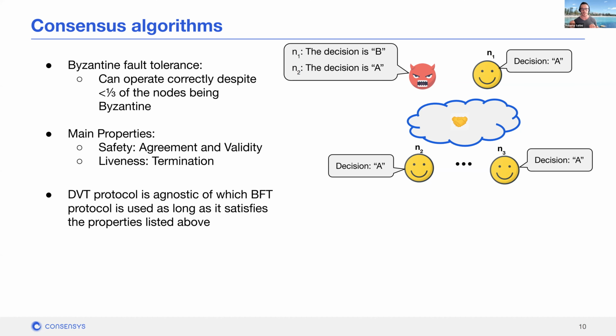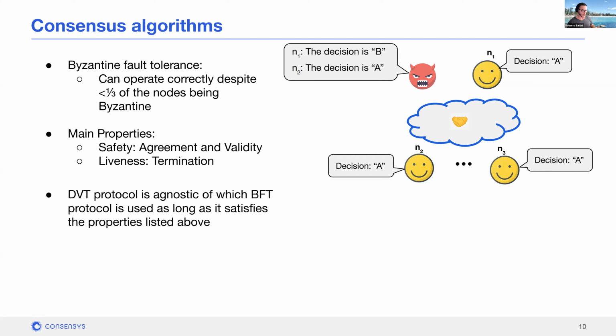The objective is that all the honest nodes reach the same decision, despite the dishonest node trying to confuse them. The validity property says that there is some validity condition on the decided value, and the protocol must ensure that any decided value satisfies these validity conditions. And termination says that any honest node must eventually reach a decision.